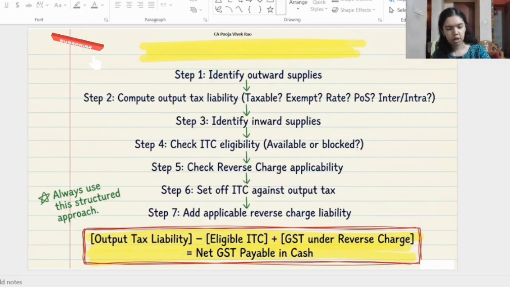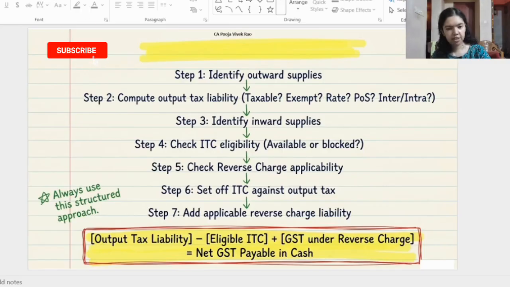Step number 2, compute output tax liability. For every outward supply, determine the applicable GST treatment. You need to consider the relevant aspects, such as whether the transaction is taxable, whether it is exempt, whether it is composite or mixed supply, and what is the applicable rate. Place of supply, whether the transaction is intrastate or interstate.